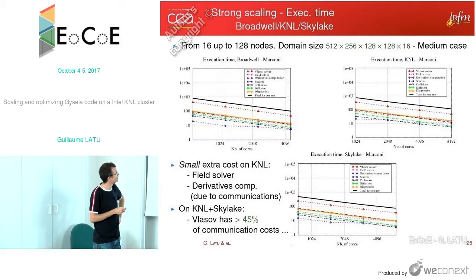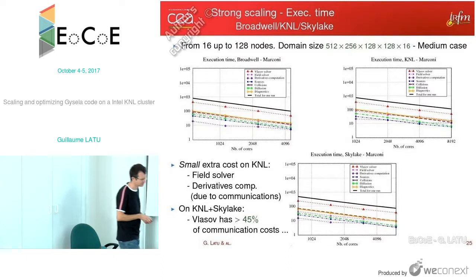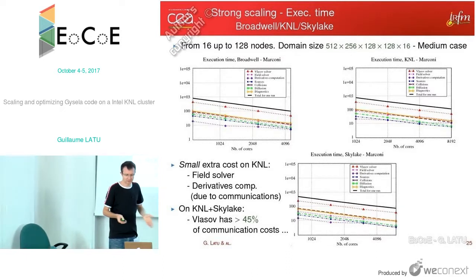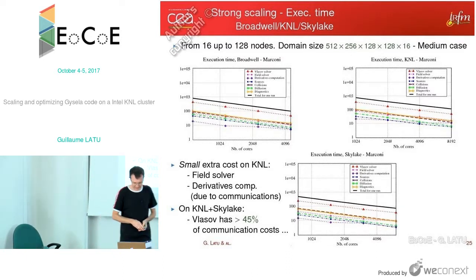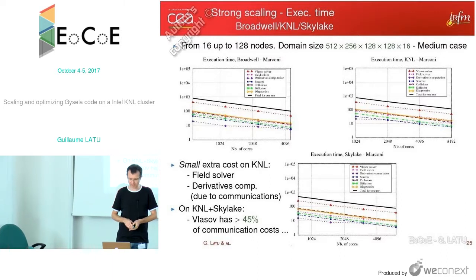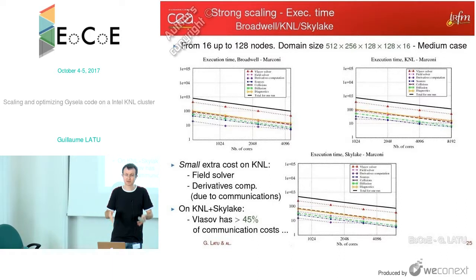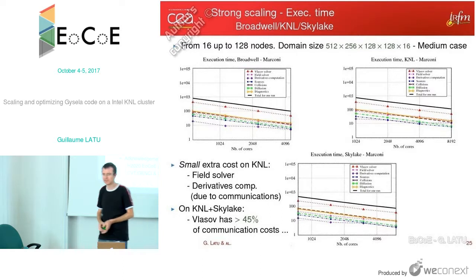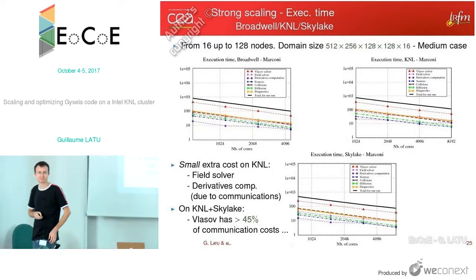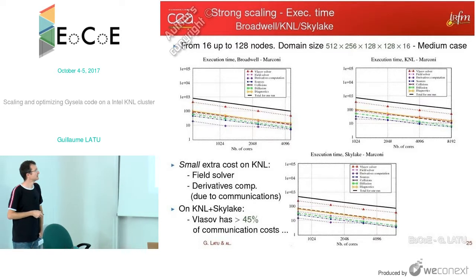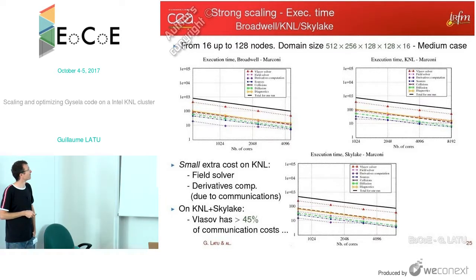We should lower this line so that it is above, like in Skylake also. And at the end, if you optimize your code, you have much more time due to communications. So at the end, we have something like half of our Vlasov solver in communication stuff. So we now have to improve this.